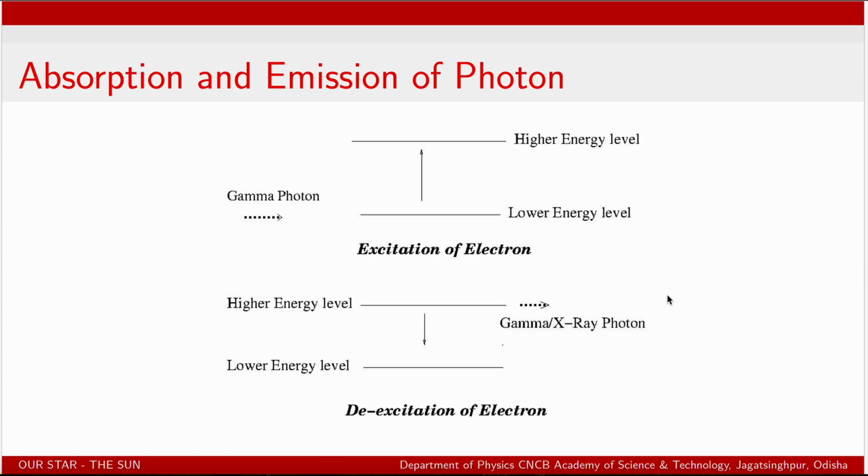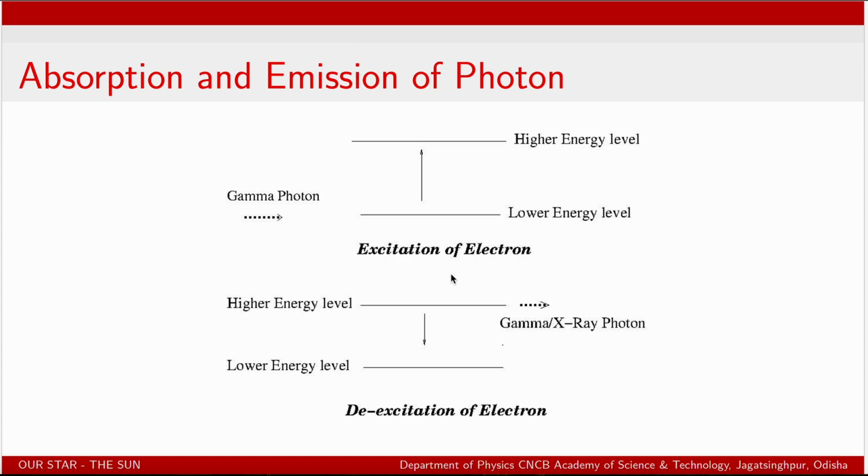What happens in the radiative zone? Absorption and emission of photon. Once the gamma photon which has been produced in the core of the sun crosses over to the radiative zone, it may be absorbed by an electron. The electron is a charged particle and the gamma photon represents the electromagnetic field, so it's natural that the electron will interact with the gamma photon, and in the process it may get excited and go to a higher level.